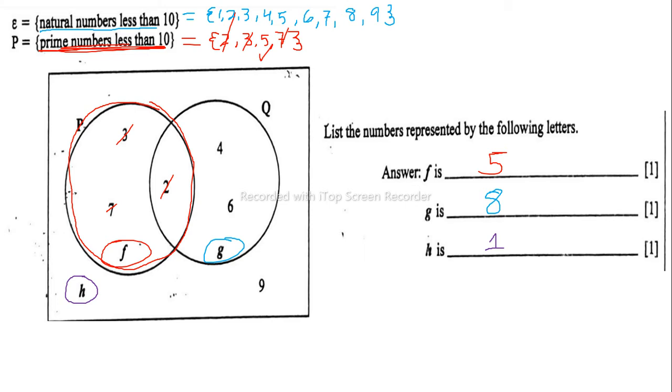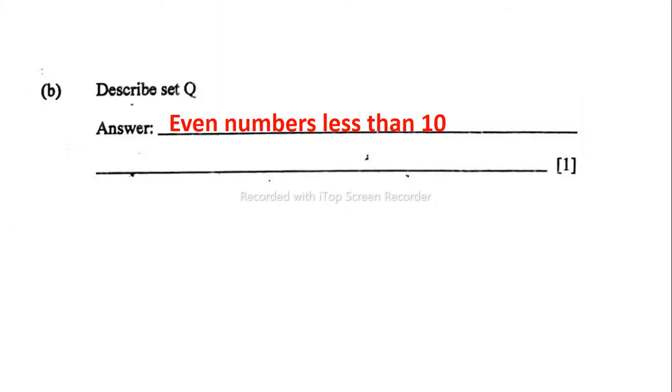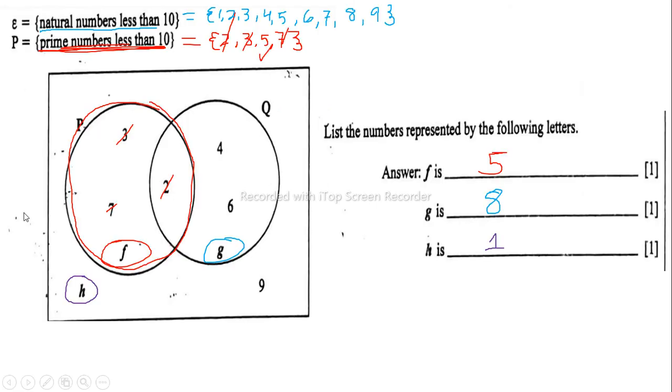Can I also say natural numbers less than 10? No, you can't say natural numbers less than 10, because then you would have to include 1 and 3 and 4 and 5 and 6 and all of these.